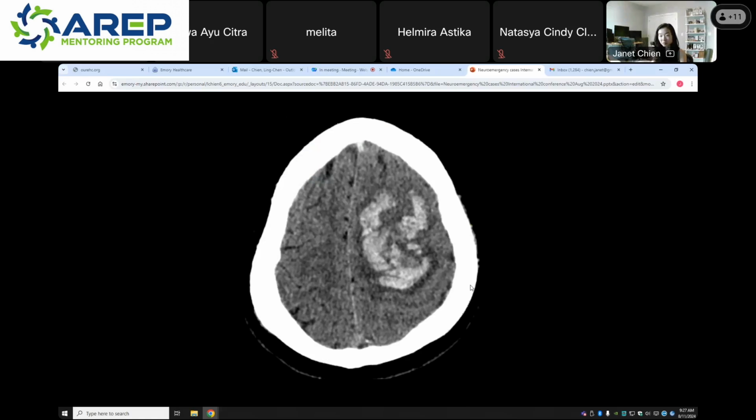Does anyone see anything? Any clue as to why this person has a large intraparenchymal hematoma?